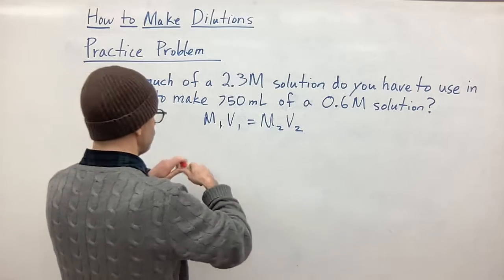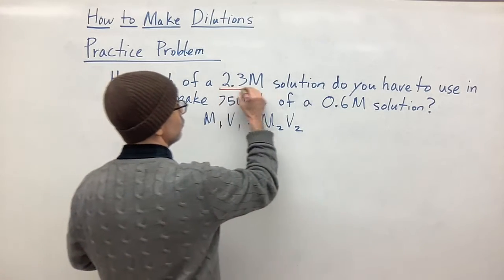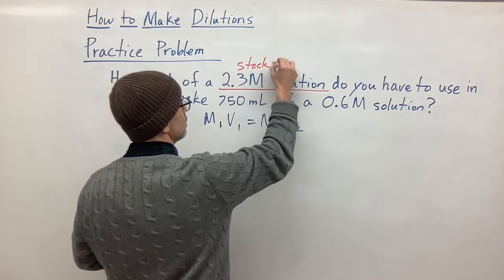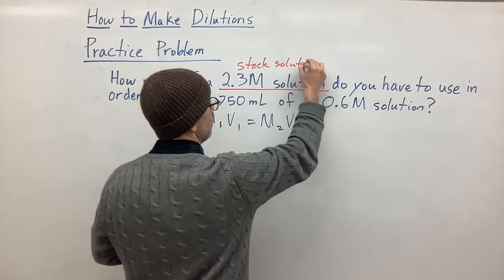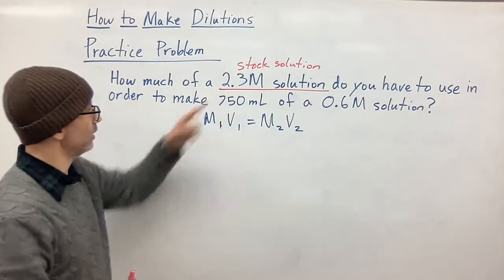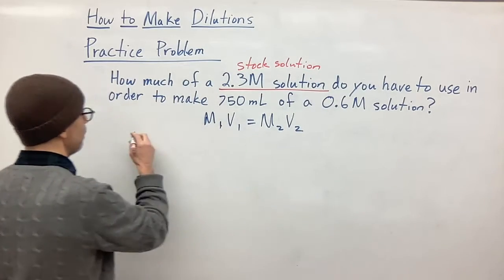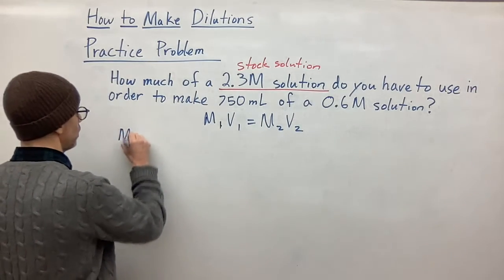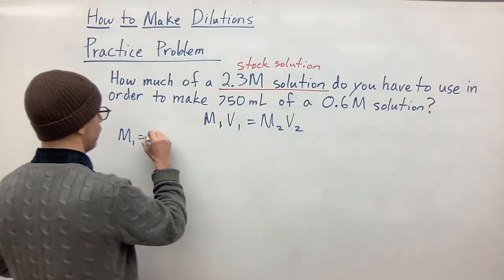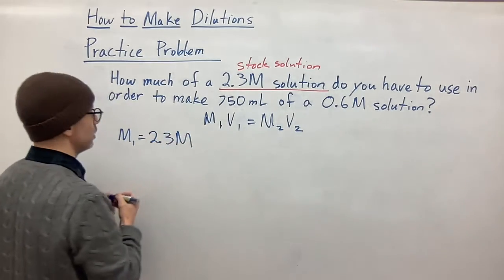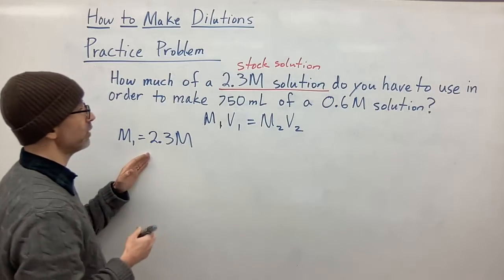So we have to recognize that this solution is our stock solution. This is the solution that we are beginning with. So that is going to be our M1. M1 is 2.3 molar. Okay, so that's our M1.